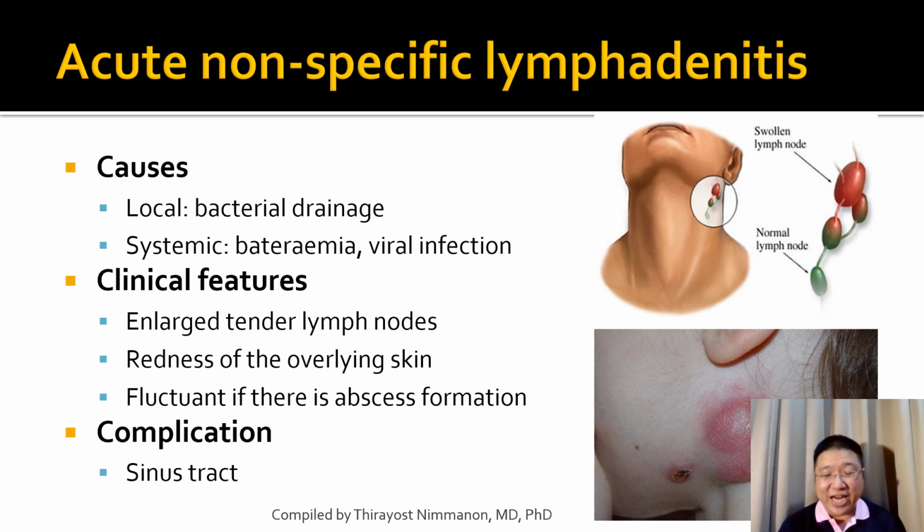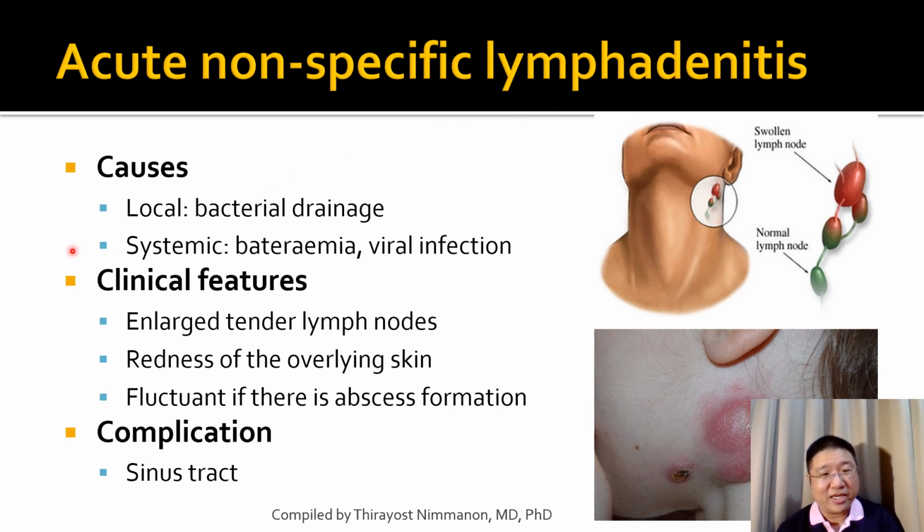So lymphadenitis is very common. The causes include local infection, because the lymph nodes receive lymph fluid from the infected site, and so the lymph nodes may become inflamed, become infected, and we will observe lymphadenitis.